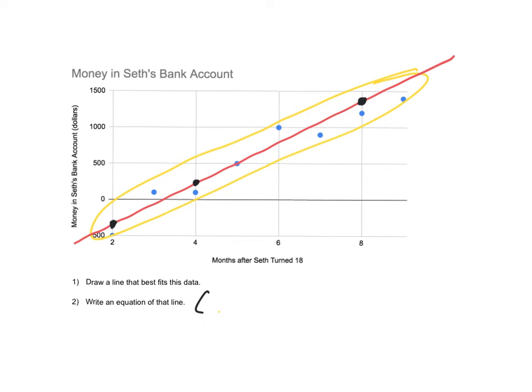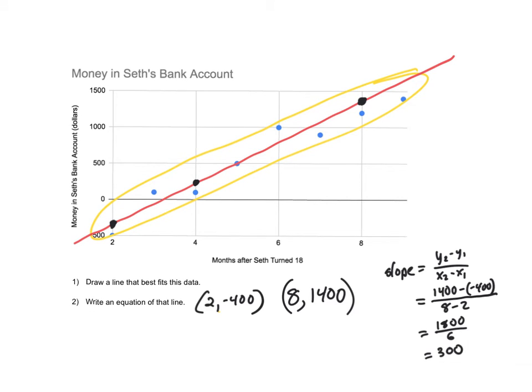Okay, so I have the point. The first one looks like it's around 2 and negative 400. And the second one looks like it's around 8 and maybe around 1400 there. Okay, so now I have 2 points. I can go ahead and find that slope.